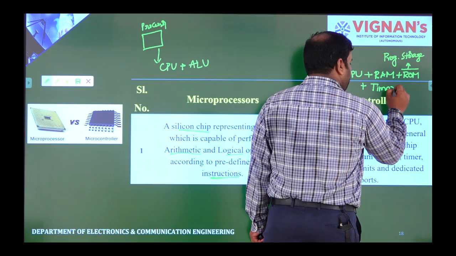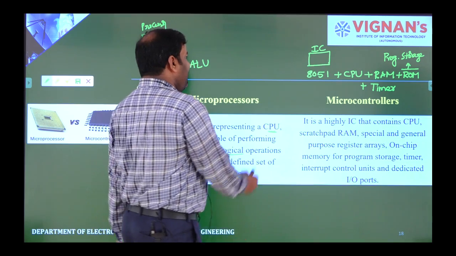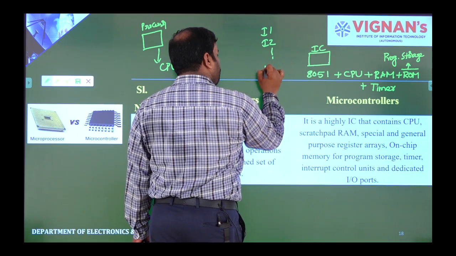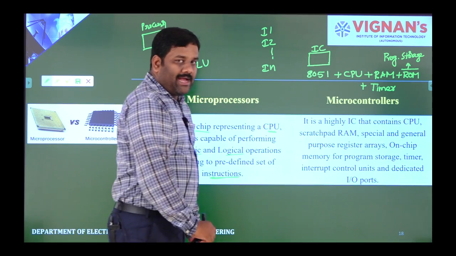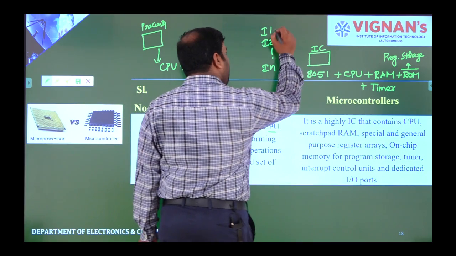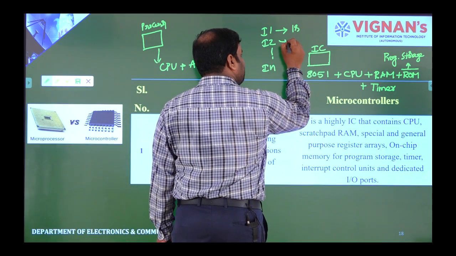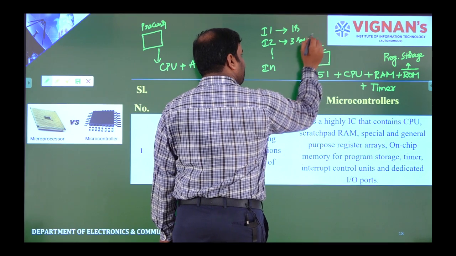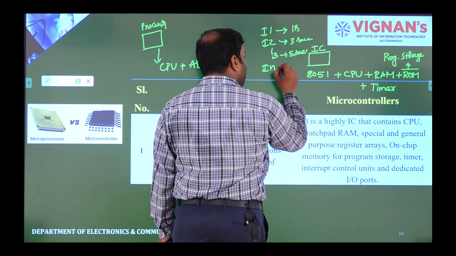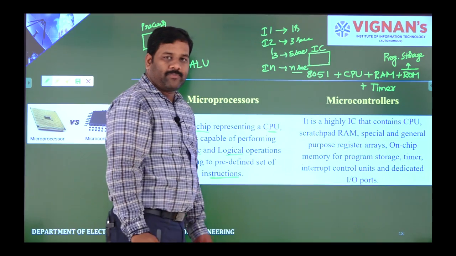Why do we need a timer? To perform any instruction it needs some time. For example, I have instruction 1, instruction 2, and so on up to instruction n. I can't execute all the instructions at a time. So I will fix the time slots: instruction 1 for the first second, instruction 2 for the third second, instruction 3 at the fifth second, and like that up to the nth second.